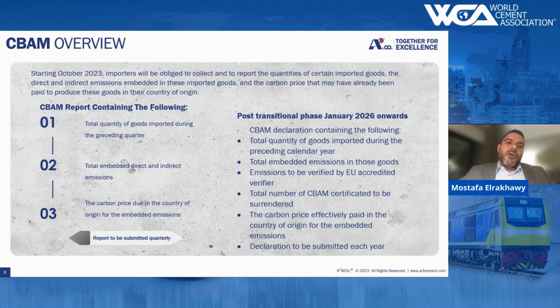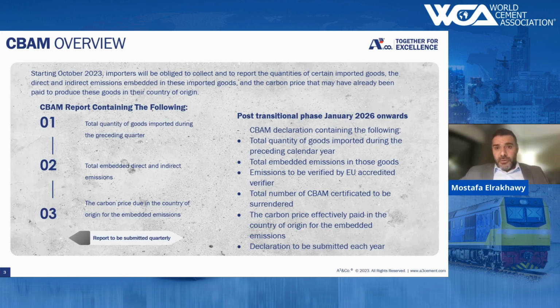Also, CBAM takes into consideration the carbon price in the country of origin. So, for example, if we are in Turkey or Algeria or Saudi Arabia or Egypt, paying a carbon tax, when we report our emissions, we should also report the carbon taxation which we have already paid. So it will be deducted from the CBAM certificates afterwards.